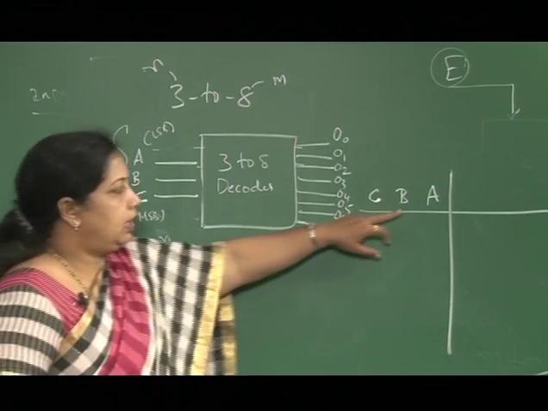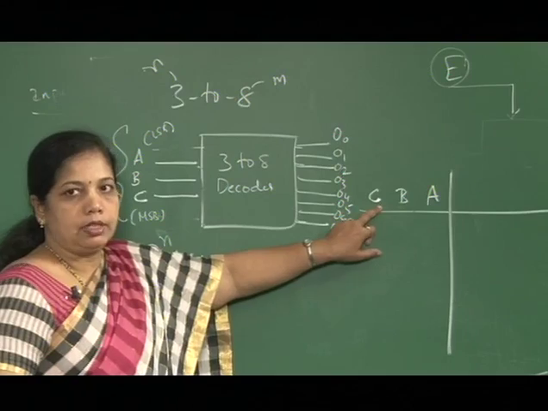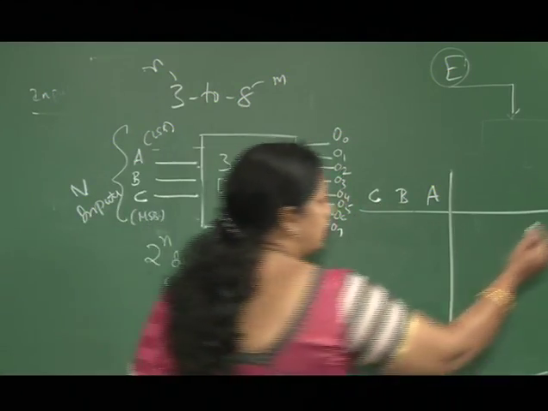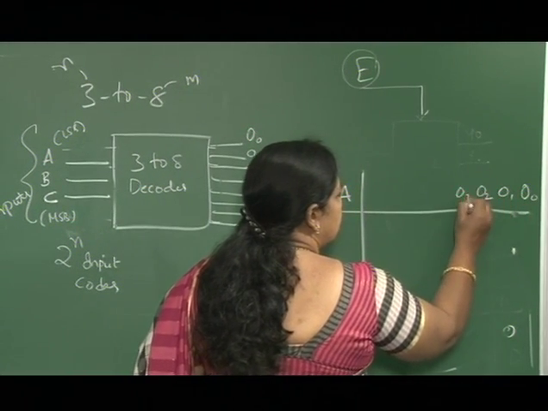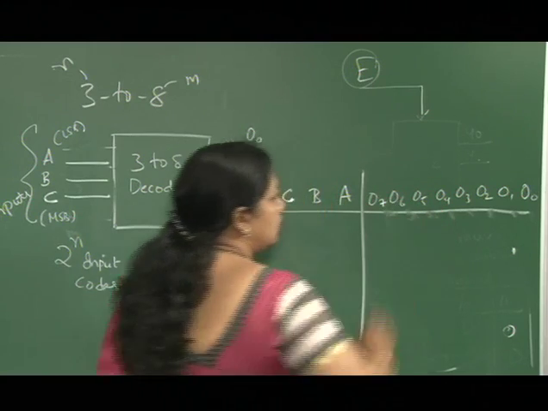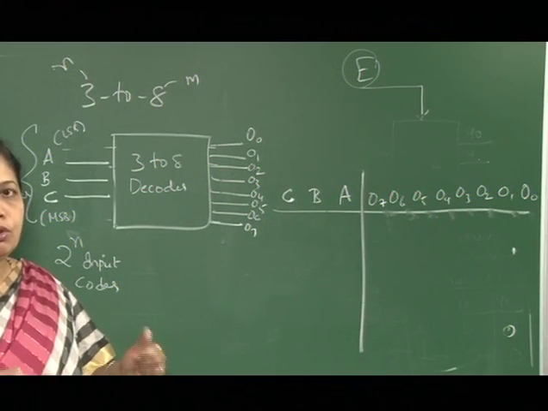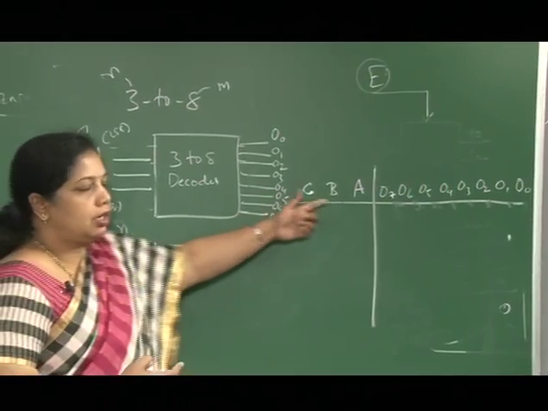So A, LSB, B, C, C is MSB. I have 8 outputs, so I am going to write here O0, O1, O2, O3, up to O7. O0 to O7, that is 8 outputs and 3 inputs.